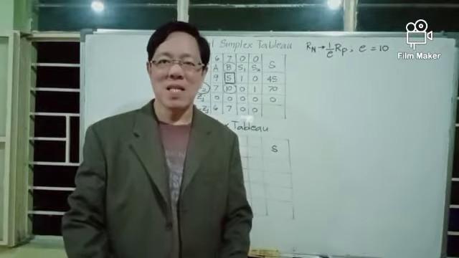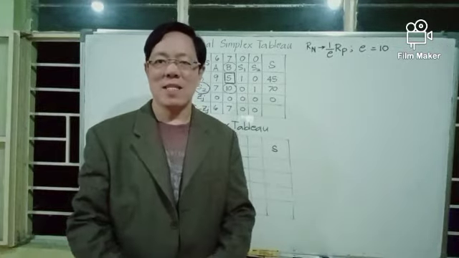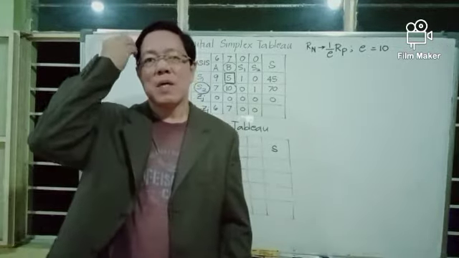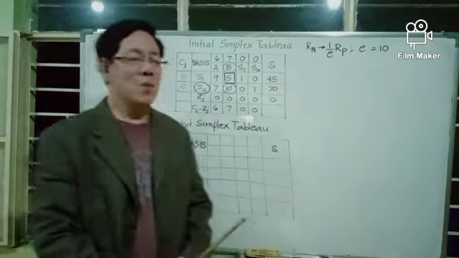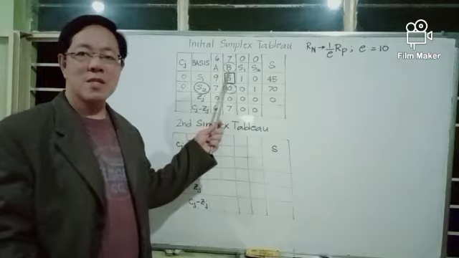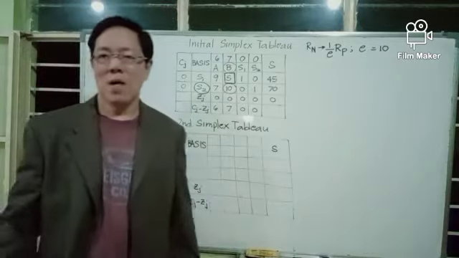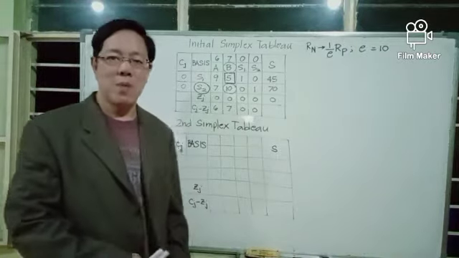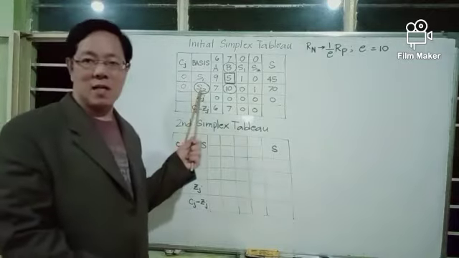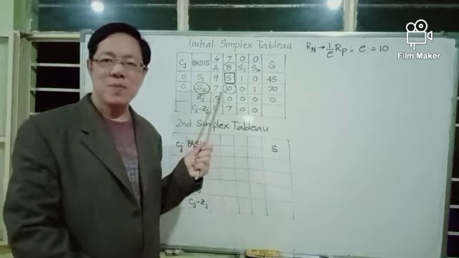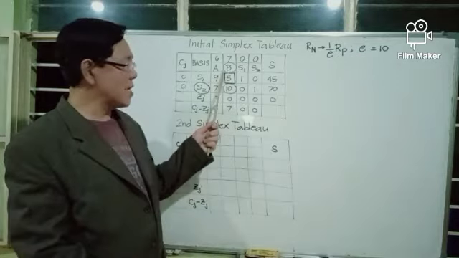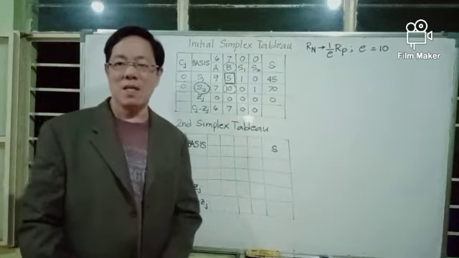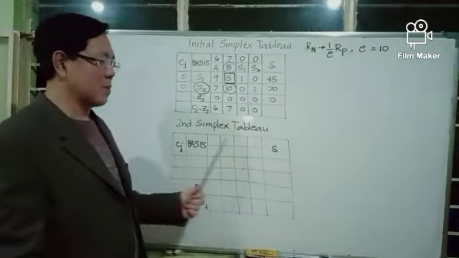We are now ready to construct the second simplex tableau, because we have identified the entering variable, which is the decision variable B. We have identified the outgoing variable, which is the second slack variable S2. And this is to be replaced by the entering variable B in the second simplex tableau.